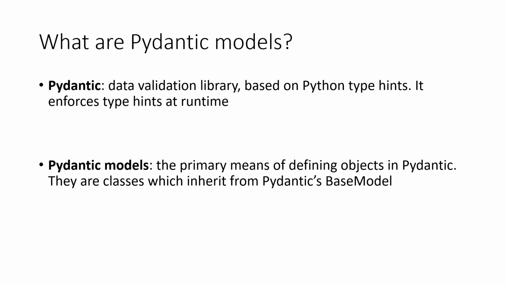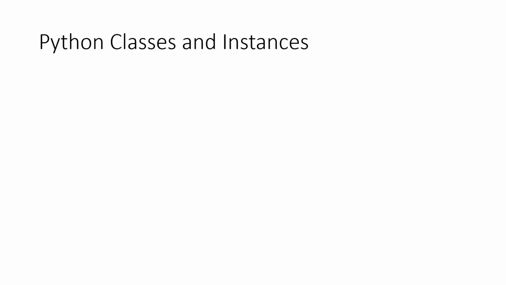They're basically classes inherited from Pydantic's base model. So in our example post operation, we can create a class based on Pydantic base model, and then use such class as a model to define the request body or the data that we'll be sending to the API. I hope you have some basic knowledge of Python classes and instances. Here is a quick recap.